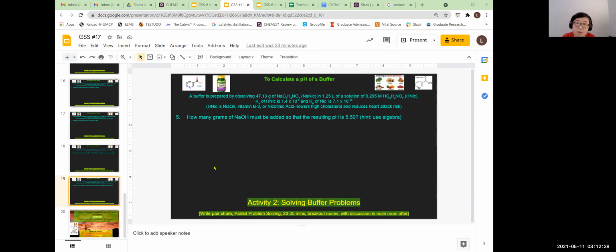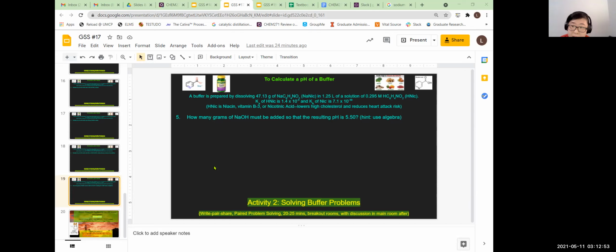Because it's in a one-to-one relation with H plus, if you have 0.26 more of NIC, that means you have 0.26 more of protons. So these are in a stoichiometric relationship, but these are not.